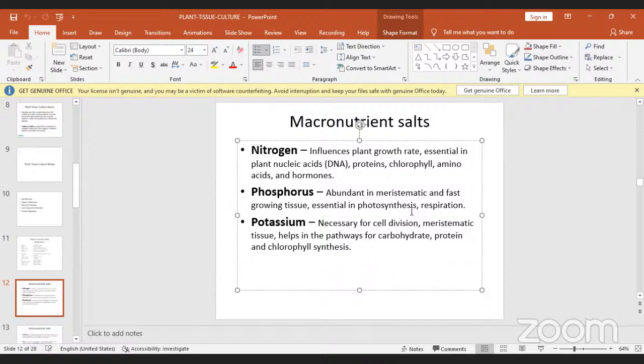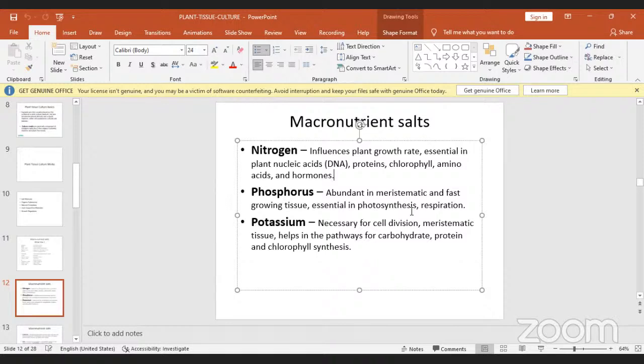Nitrogen, the plant growth rate, essential in plant nucleic acids, proteins, chlorophyll, amino acids, and hormones. Phosphorus, meristematic and fast-growing tissue, essential in photosynthesis and respiration.